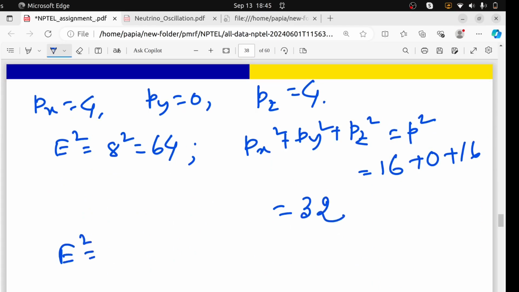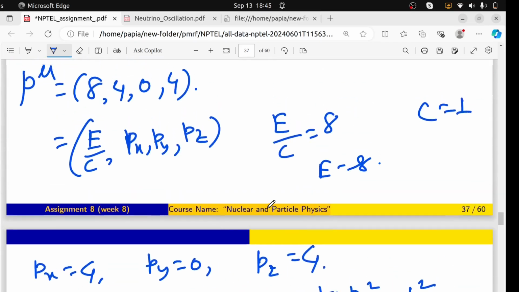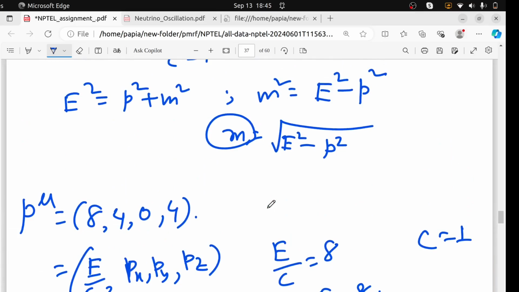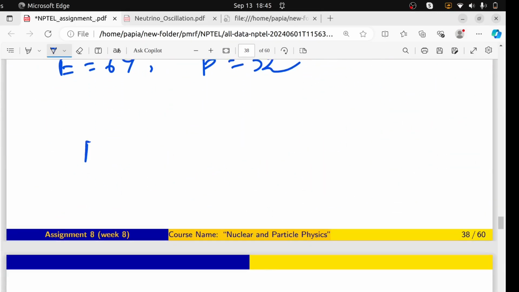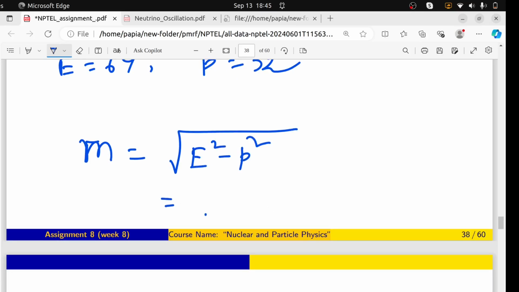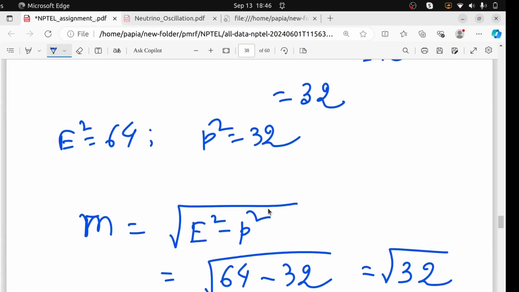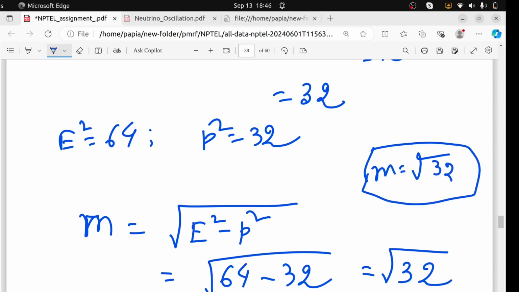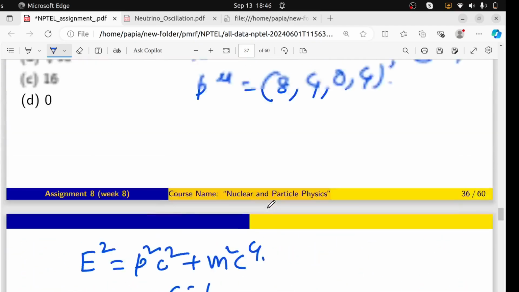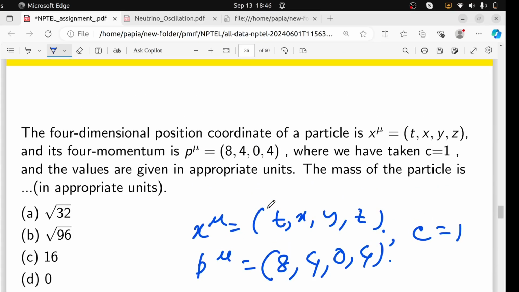Now you can see E square is 64, P square is 32. And I have told you the expression for m: m is root over E square minus P square. That means root over 64 minus 32, this is root over 32. So m is root over 32. The mass of the particle is root over 32 in appropriate units when the 4-momentum is given by 8404 and c is equal to 1.